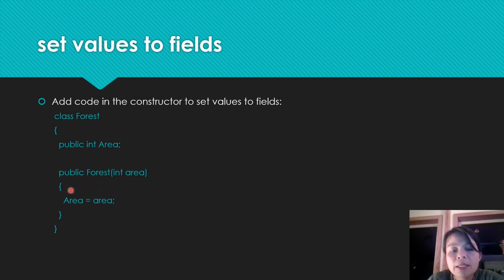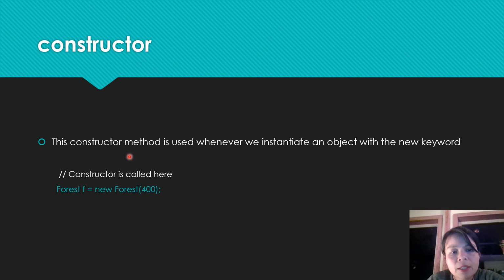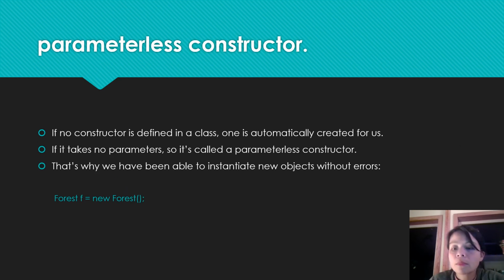This constructor method is used whenever we instantiate an object with the new keyword. So a constructor is called here: Forest f equals new Forest 400. This is where a constructor is being called.